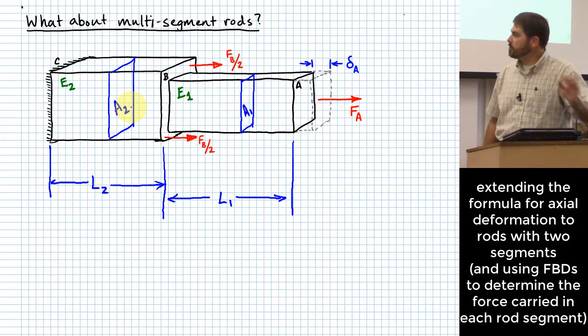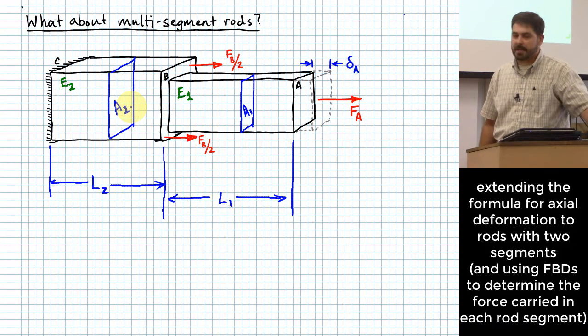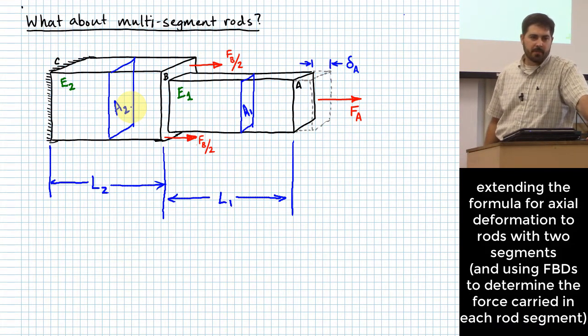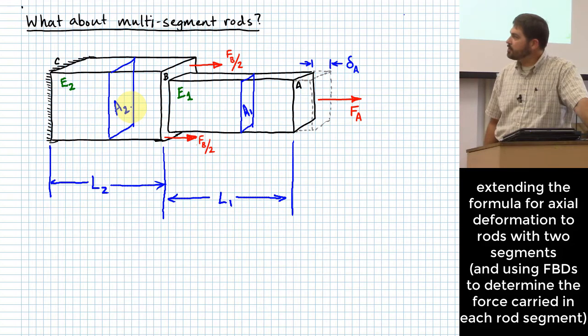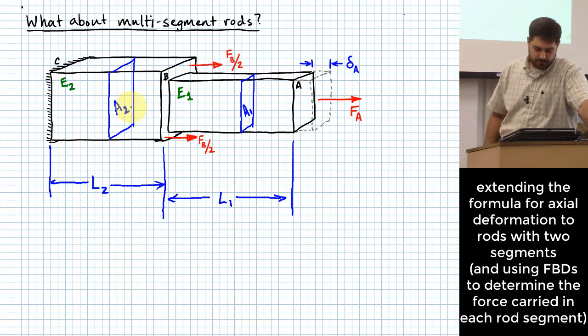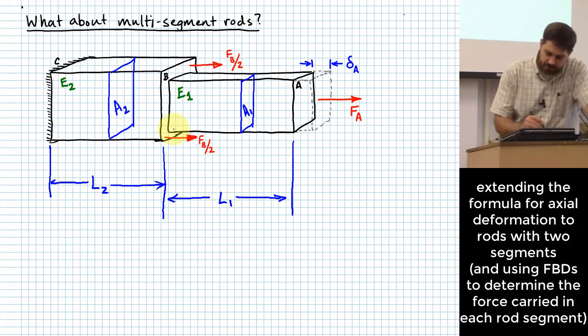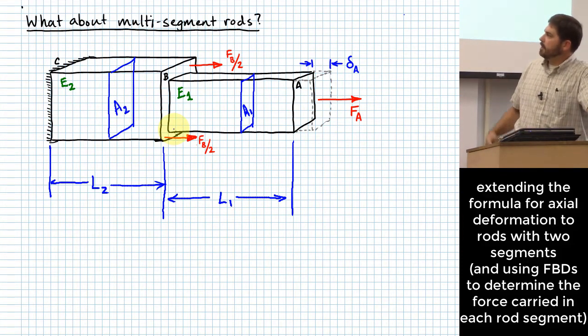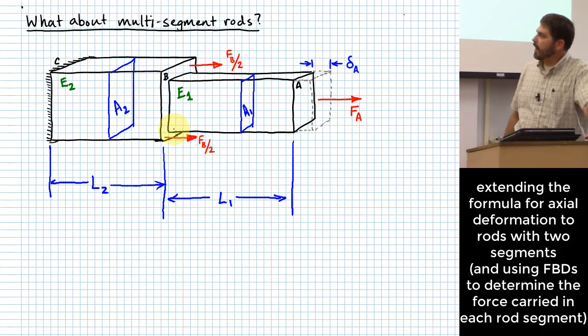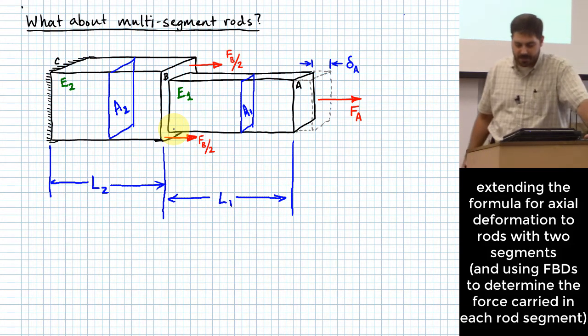If you focus just on segment AB, could you tell me how much just segment AB changed in length? If you were to chop off segment AB and just look at it all by itself, how would you determine how much just that segment would deform?